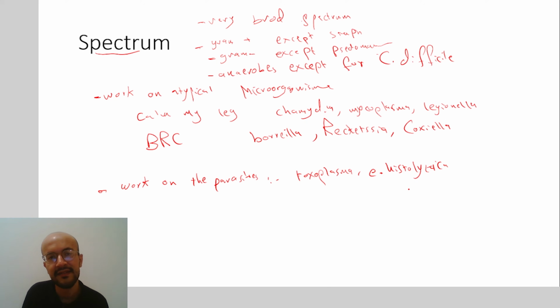Remember that the parasites have ribosomal subunits, same as the mammalian cells. So they would have the 40S and the 60S, and in case of the parasites, the tetracyclines work on the 40S.